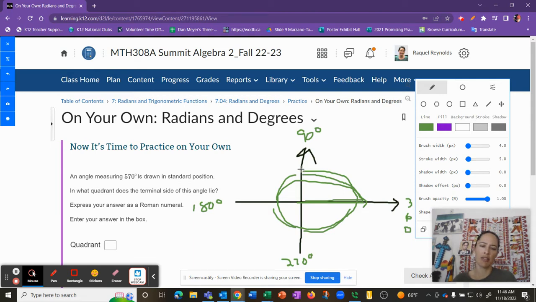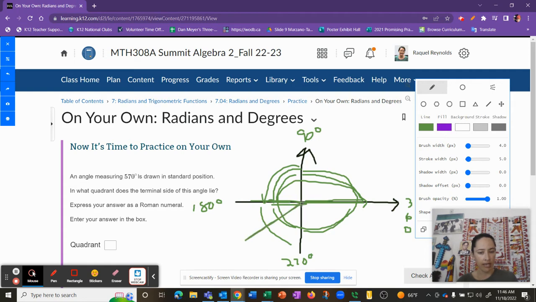For some reason, my mental math is off. That's all right. That's why we have tools. 360 plus 90 is 450 plus 90 is 540. Okay, so we're here now. And then plus 90 would get me back to 630. So I know I'm in here somewhere.